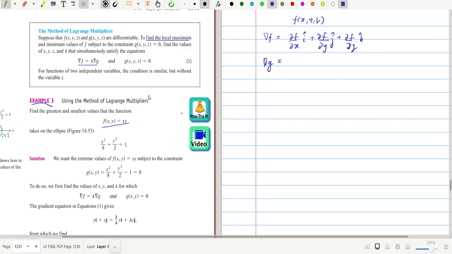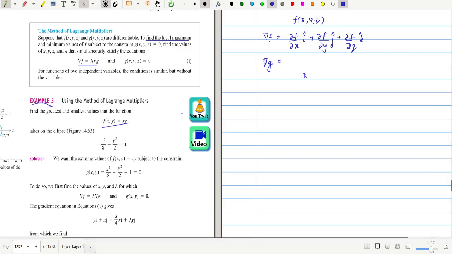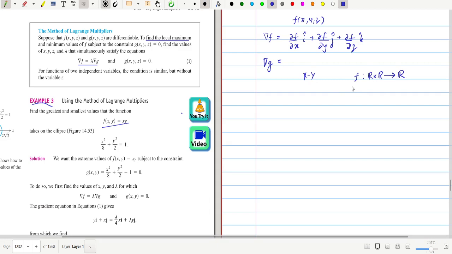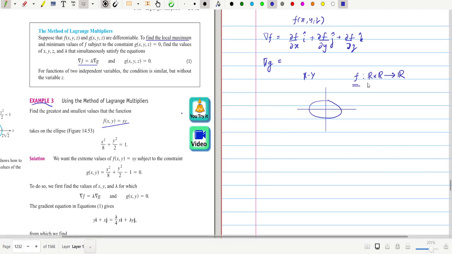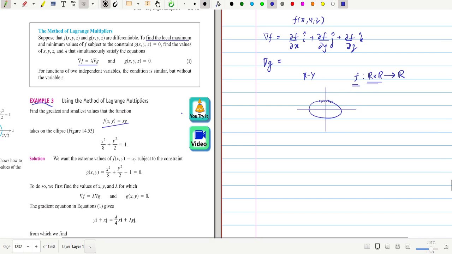We can define this f on the whole of the xy plane, with domain R cross R to R. Even though the domain is R cross R, we need to find the maximum value of f only on the ellipse. This is our ellipse. The function is defined on R cross R, but we need to find its maximum value on this ellipse.